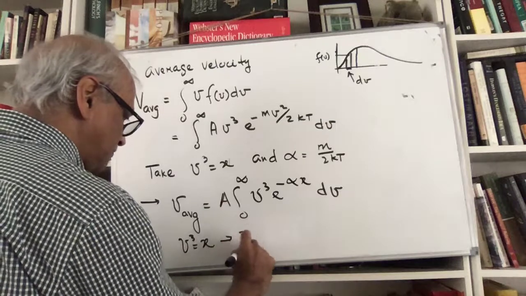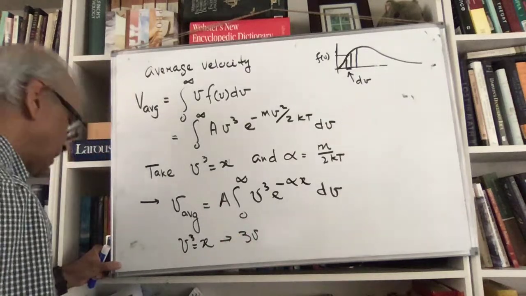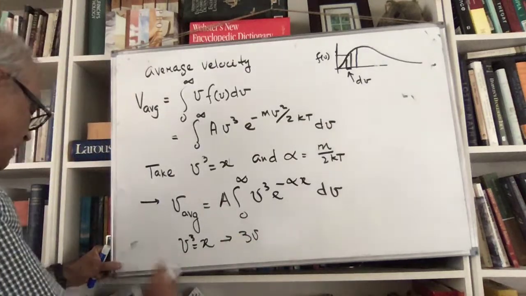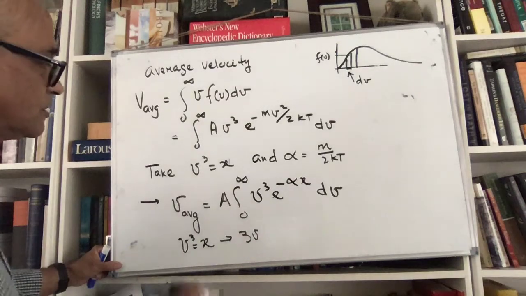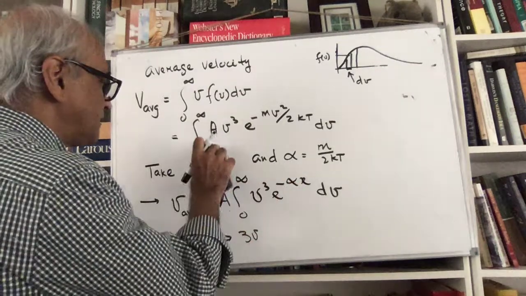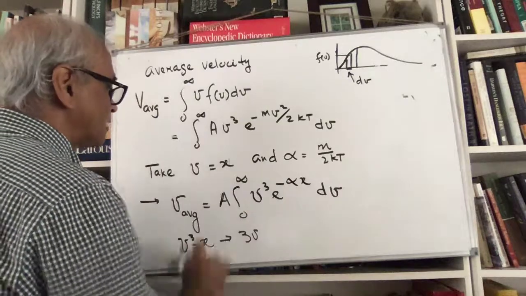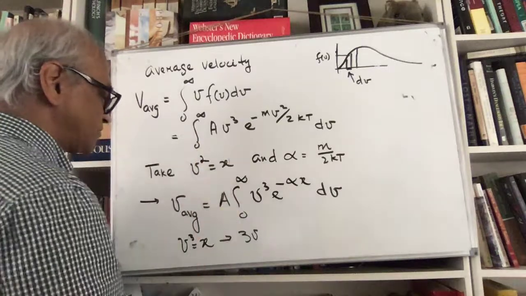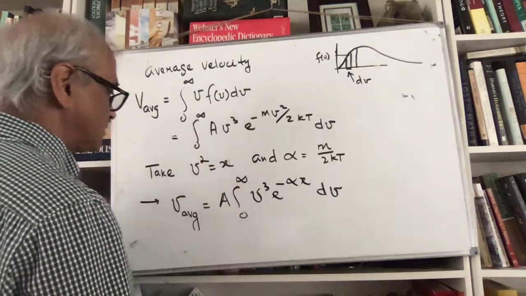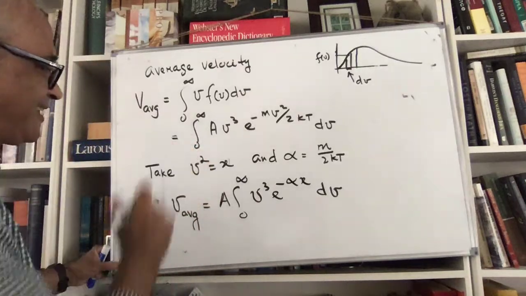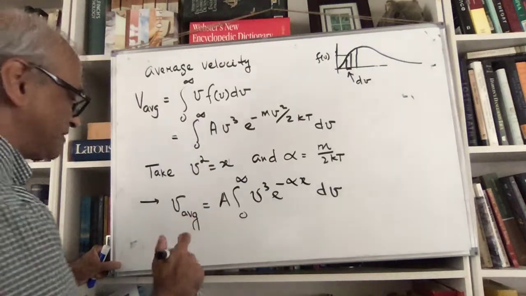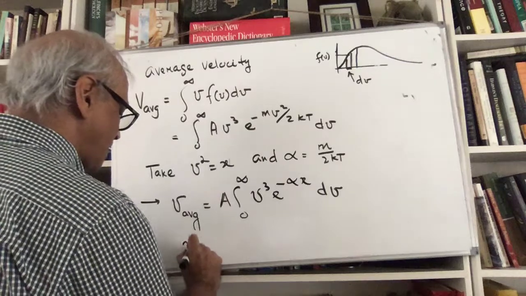Sorry, not v cube equals x. I beg your pardon. I don't want to take v cube equals x. That doesn't solve the thing. Let me go back and change it to v square equals x. My apologies. That won't work otherwise, I don't want that 3v square in there. So v square equals x.